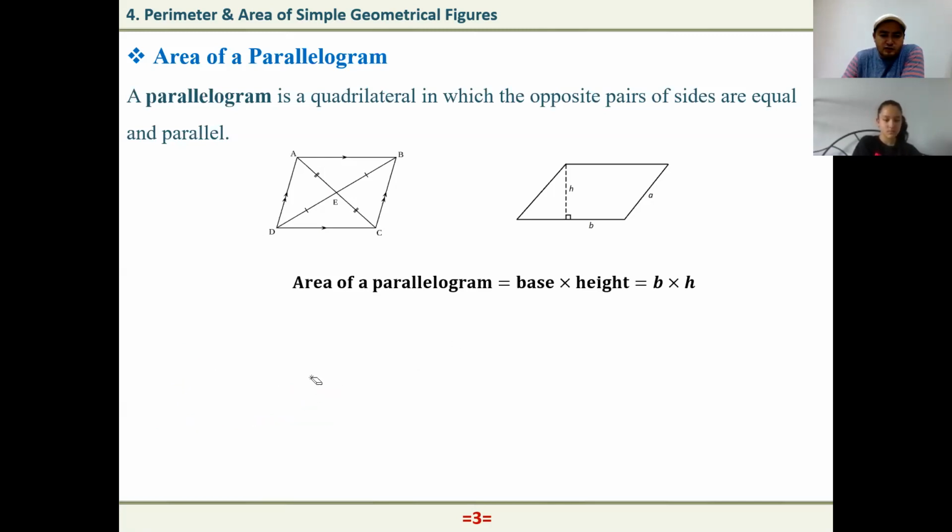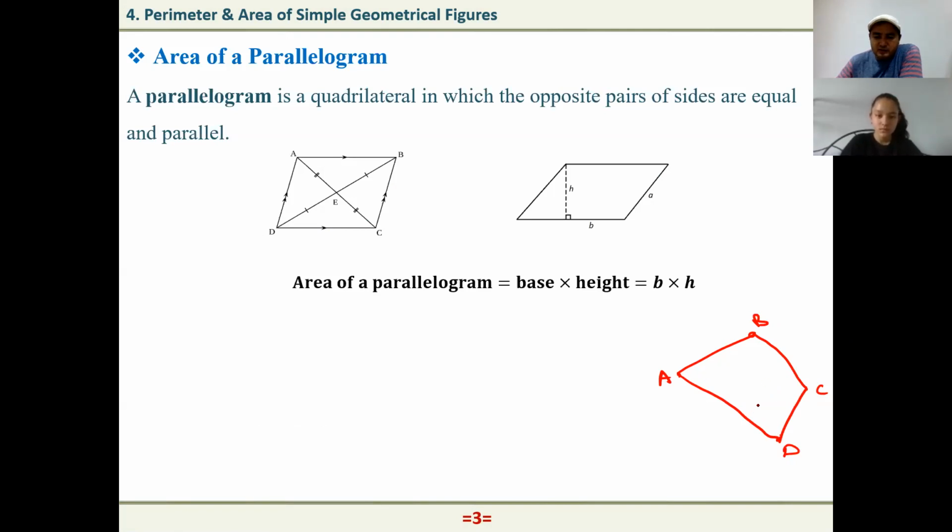It looks like a curve, but let me just draw here. One side, another side, another side here, and another side here. That vertex is A. Another vertex is B, and C, and D. Any closed flat shape must be closed. It has four sides. We call this a quadrilateral.